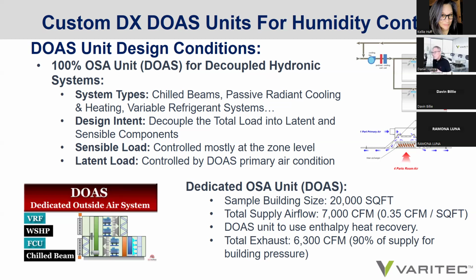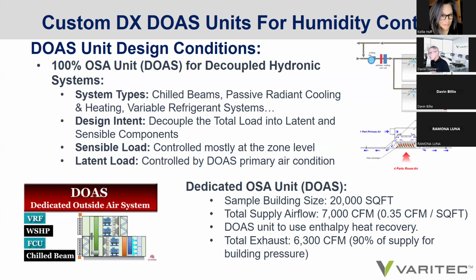So let's look at our building, sample building size of 20,000 square foot. And with 100% outside air systems, because so much building sensible load is driven to a more dense heat transfer medium, such as water, then we can significantly reduce the airside component.